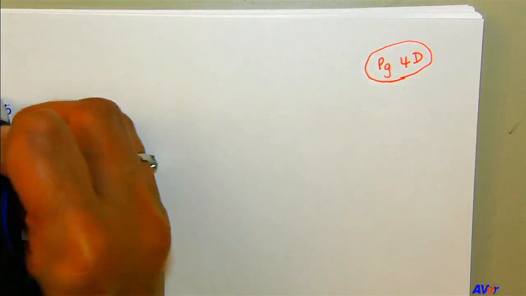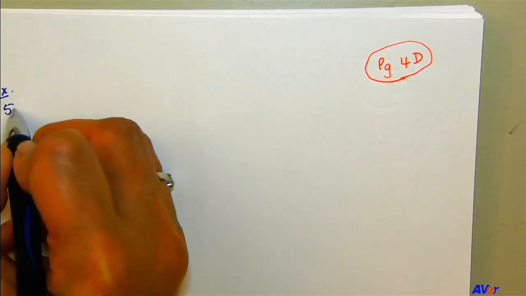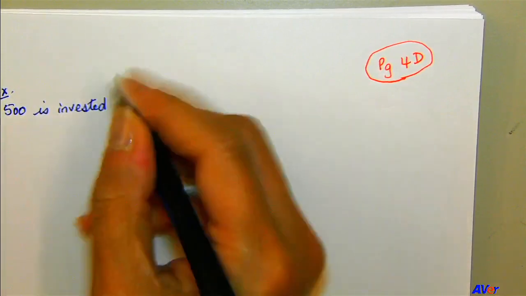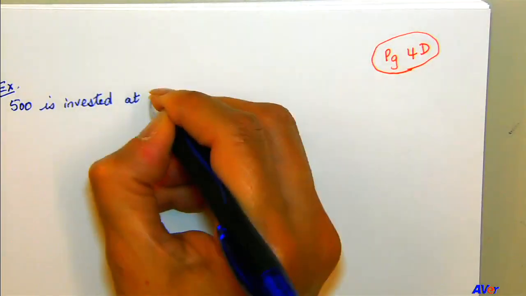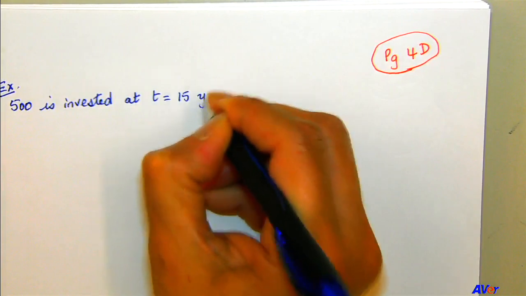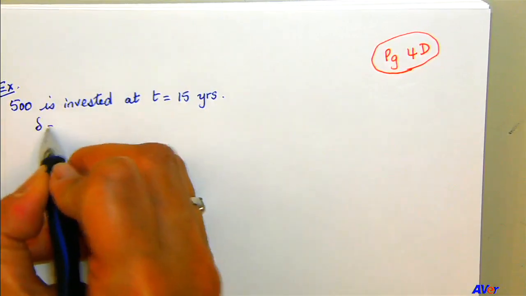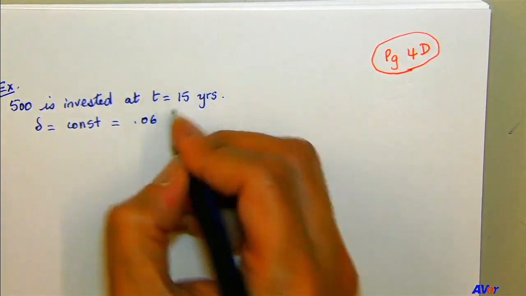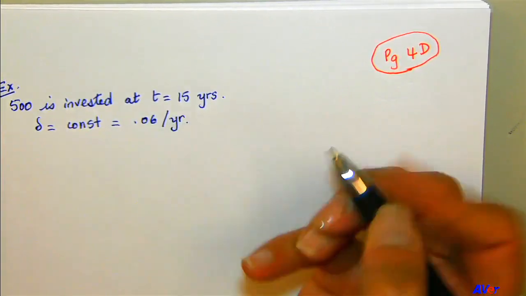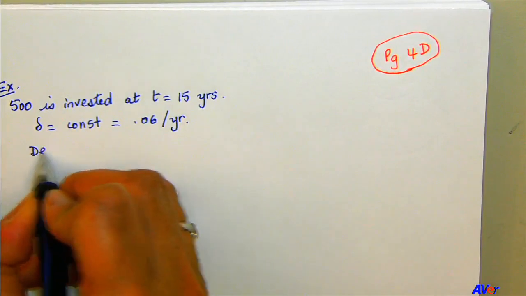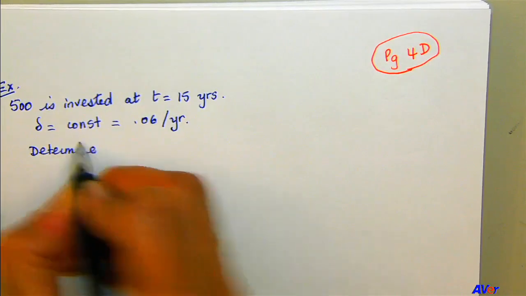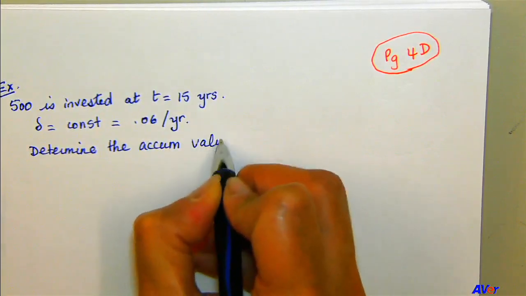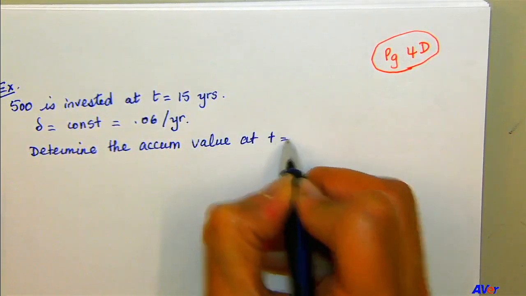New example. 500 is invested at t equals 15 years. Delta equals constant equals 0.06 per year. Determine the accumulated value at t equals 25 years.